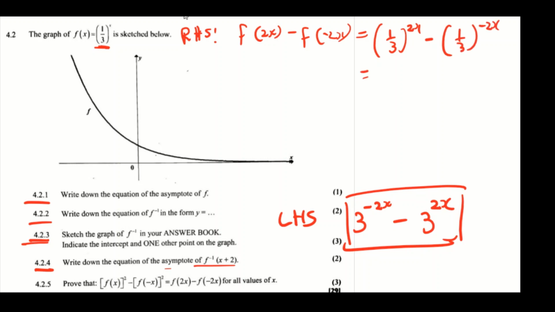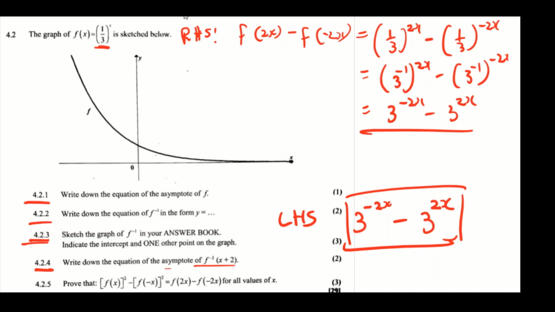So it's just going to say 3 to the power of minus 1 to the power of 2x minus 3 to the power of minus 1 to the power of minus 2x. So it's equal to 3 to the power of minus 2x minus 3 to the power of 2x. So if you can see this here, it's the same as this. So they're the same. Therefore the left hand side is equal to the right hand side.